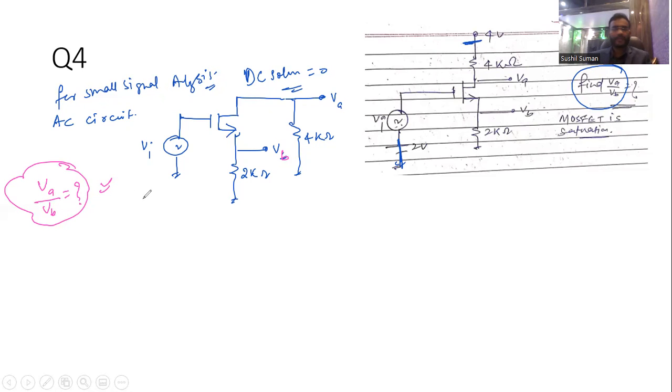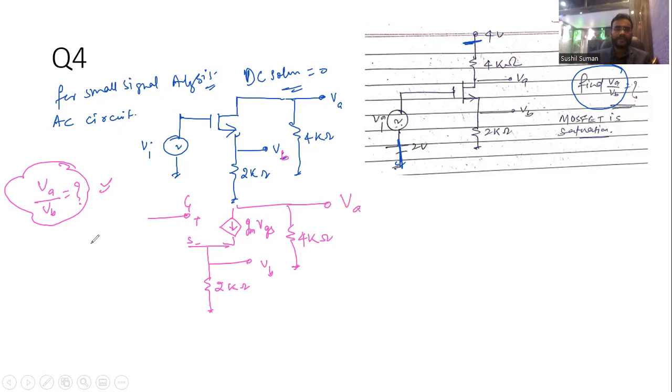How can you calculate it? First of all, draw its AC circuit. This is your gate, this is the source terminal, plus minus, open circuit. Now this is 2 kilo ohm, and this potential is VB. Now this becomes gm into VGS, and this is your 4 kilo ohm.